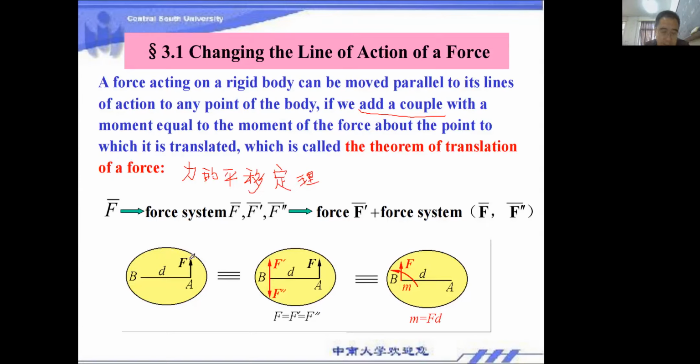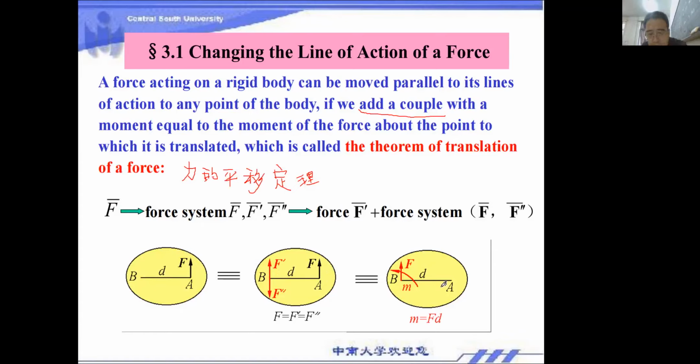It has a force F acting on point A. We know it has a distance from point B, which is horizontally to the left of B. So we try to translationally move this force F from point A to point B, but we should keep its effect of force F the same, right?